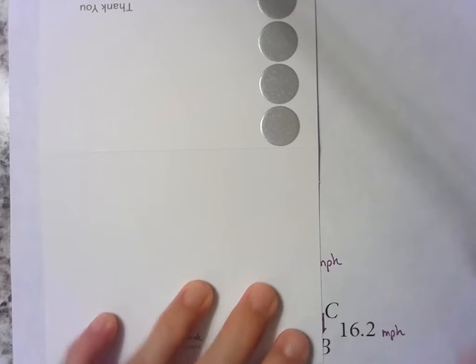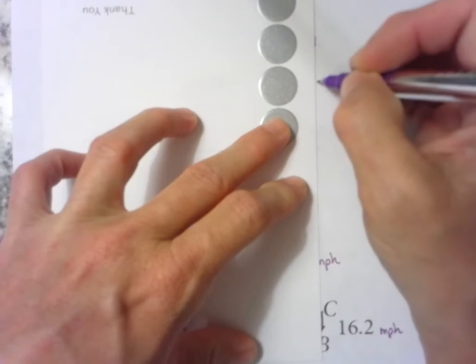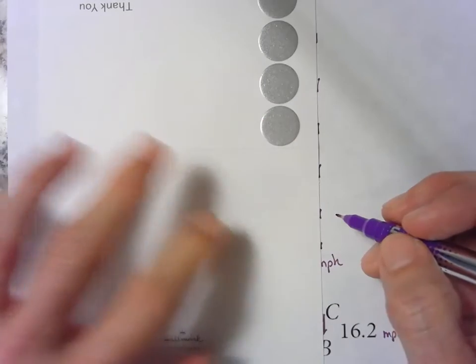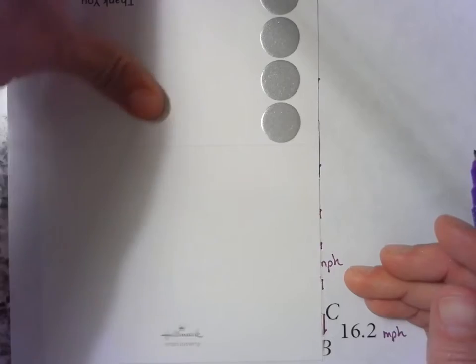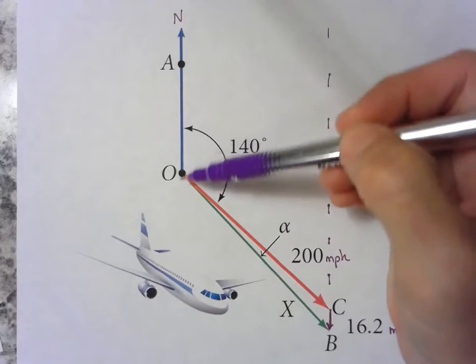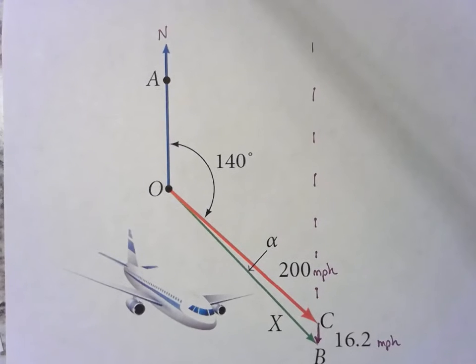Hopefully this is parallel. We'll see whenever I get it drawn on here. What I want you to see is that this line and this line are parallel to each other. Okay? So how does this help us at all?